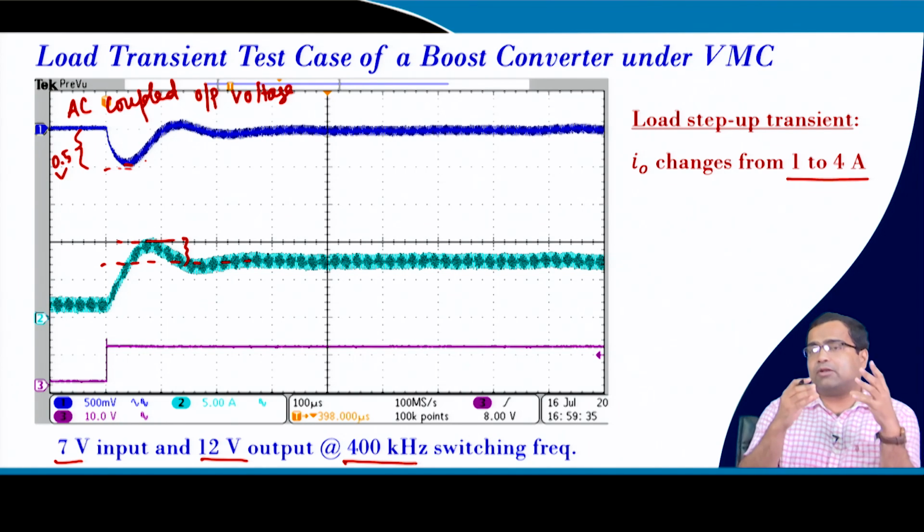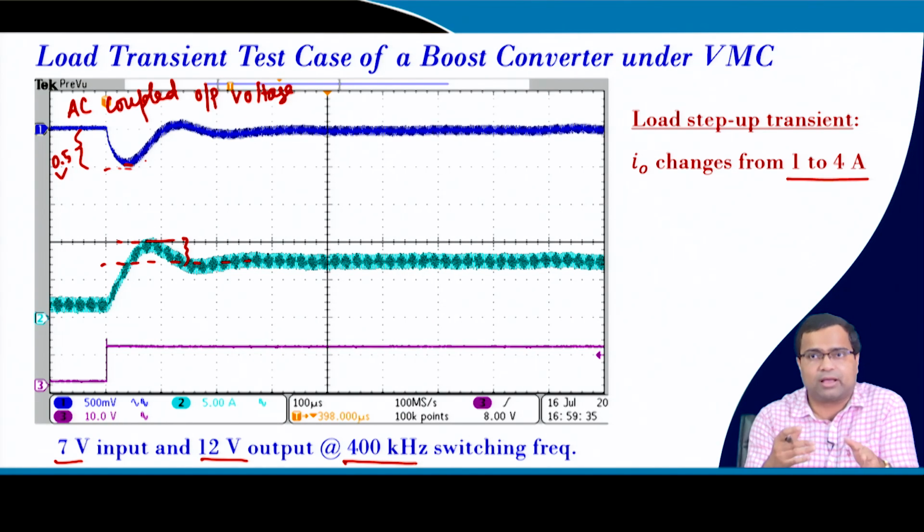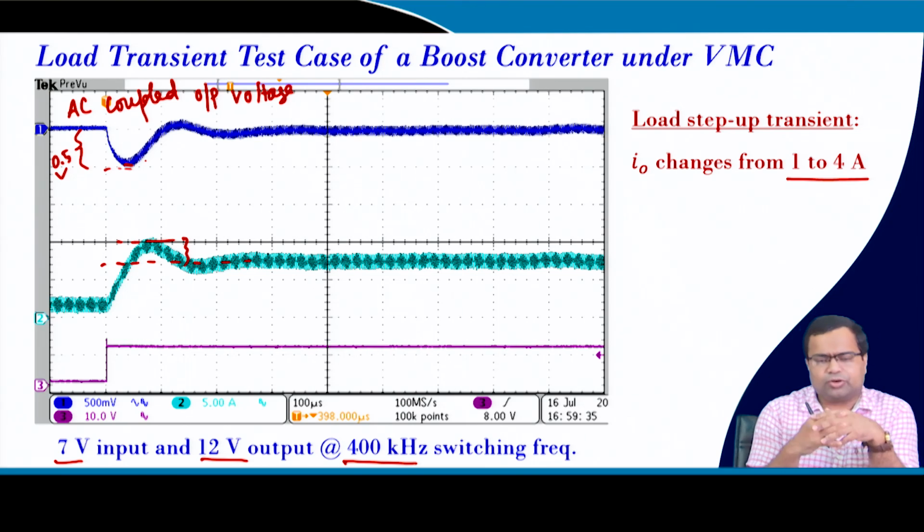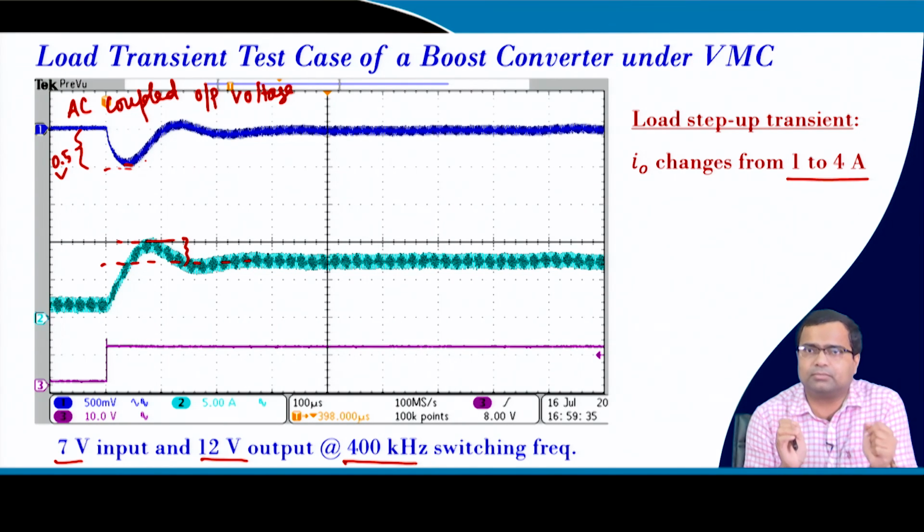You should not use a very long cable, and that we have discussed in lecture number 13. So, you have to be very careful about the setup. By following all the standard procedure, are we able to match our requirement or not?